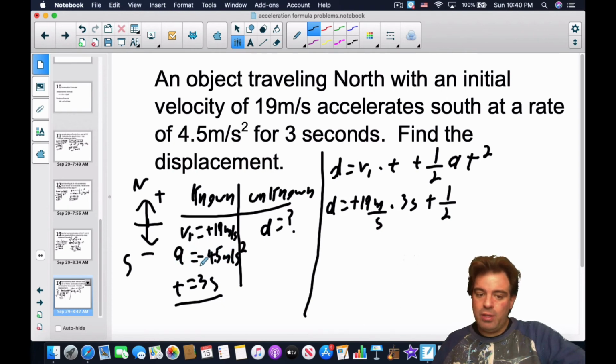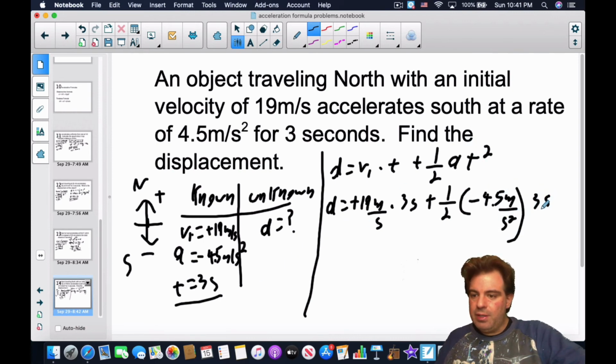And please be careful, acceleration we said points south, so it's going to be negative. So the acceleration now is going to be negative 4.5 meters per second squared. And the time, of course, is going to be 3 seconds, and the whole thing is going to be squared.